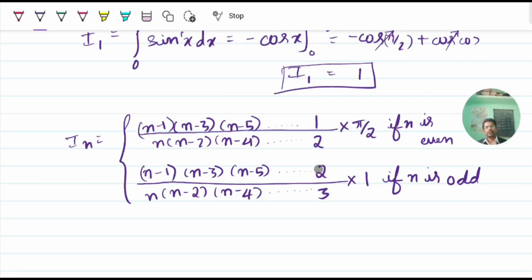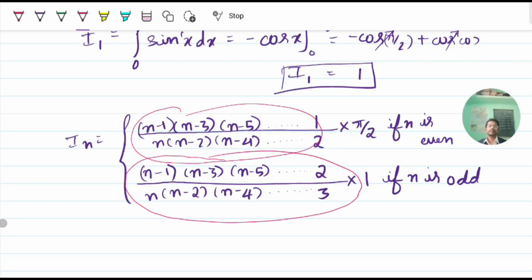So this is the reduction formula for the integration over 0 to pi by 2 sine power n x dx. If n is even, we get this formula. If n is odd, we get this. You have to apply this formula.